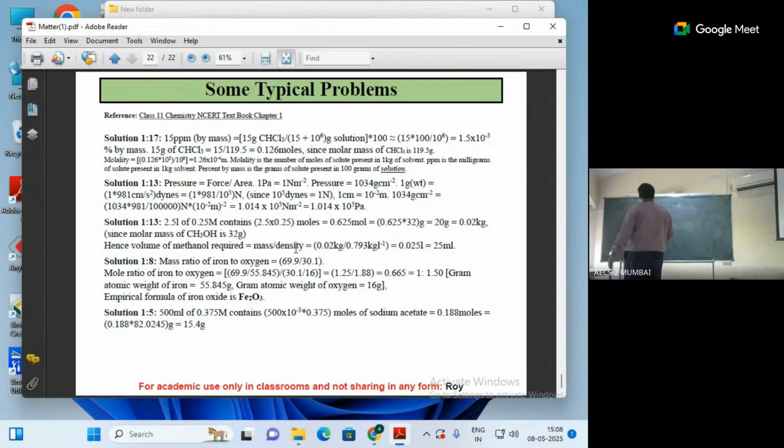So 1 atom reacts with 1 atom of chlorine. Basically 1 equivalent of hydrogen and 1 equivalent of chlorine will be 1 mole of HCl. Now 1 mole of HCl is also 1 equivalent of HCl because HCl has 1 replaceable hydrogen. So molecular mass is equal to equivalent mass. So you can see the simplest example: 1 equivalent of hydrogen is reacting with 1 equivalent of chlorine to give this.